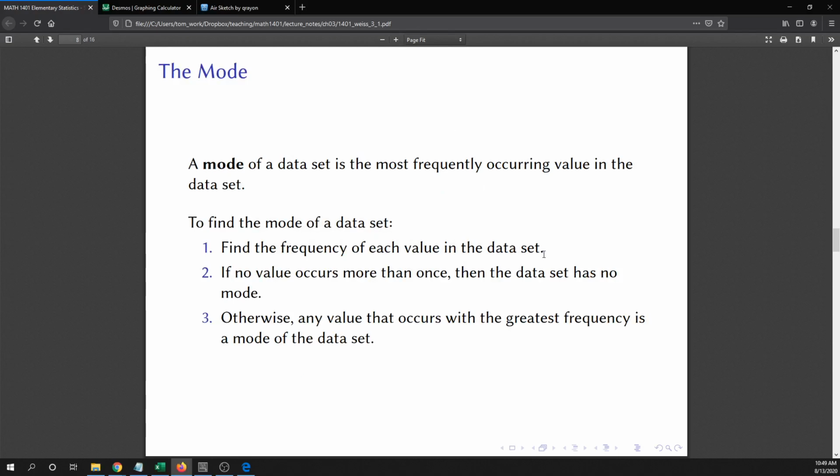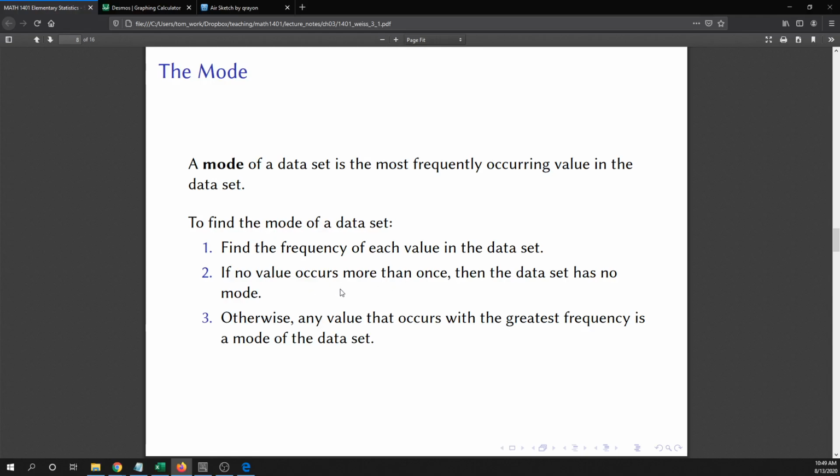All right, next up is the mode. The mode of a data set is the most frequently occurring value in the data set. So in order to find the mode, you would find the frequency of each value in the data set, like the frequency distribution that we talked about before.